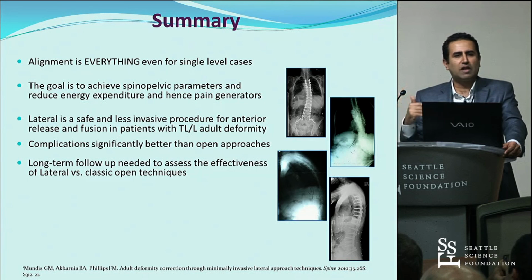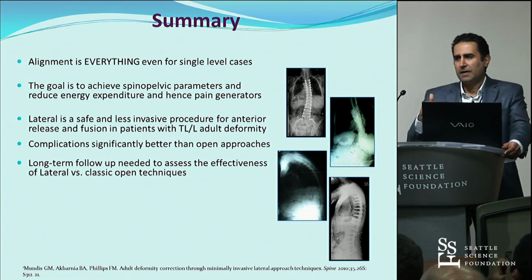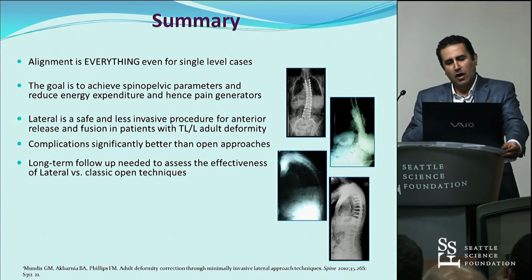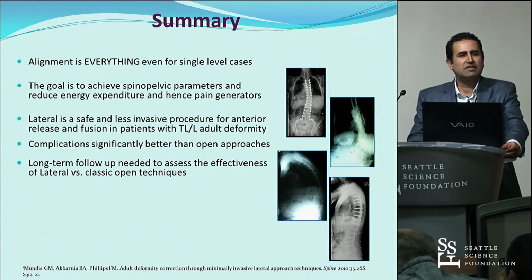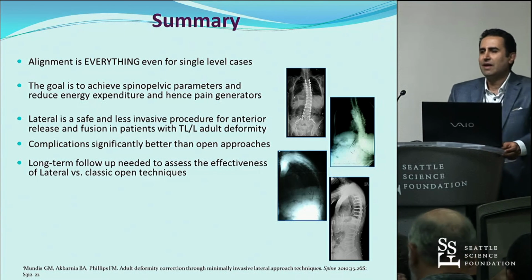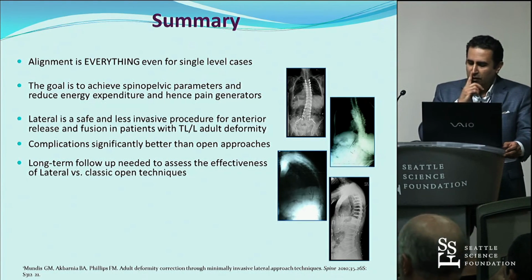But the data shows the lateral is a safe and less invasive procedure to achieve deformity correction, whether it be through anterior release in the lumbar spine, in combination or alone. And complications are significantly better tolerated than your large open osteotomies, but we still need long-term data.